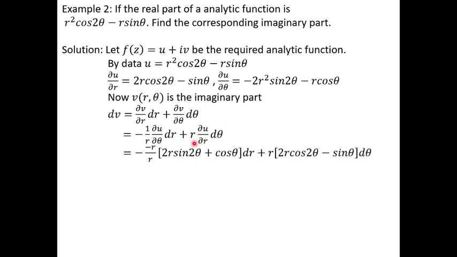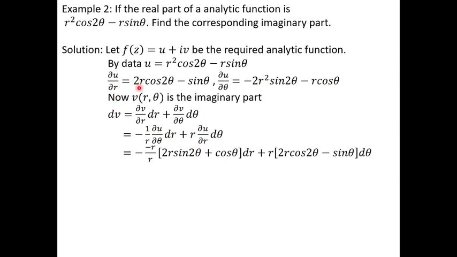Okay. Now substitute minus 1 by r. What is dou u by dou theta? Dou u by dou theta is minus, a common function, take outside, and r is also a common term, take outside. Minus r divided by minus r, that is plus 2r sin 2 theta plus cos theta into dr plus r into, now substitute dou u by dou r.